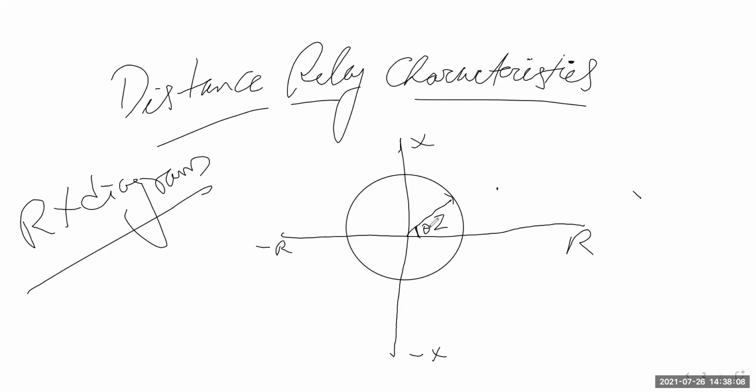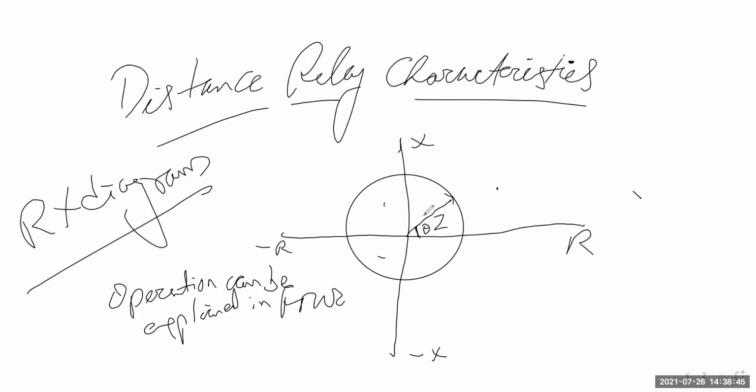In this diagram we will show which is the operating region and which is the non-operating region. The operation can be explained in four quadrants.